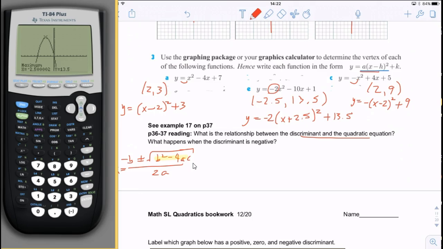When the discriminant is negative, you have a square root of a negative number, and if you remember, there are no two regular real numbers that you can multiply together and get a negative number, right? If you want to find the square root of negative 4, what number can you multiply by itself to get negative 4? There is no such number. Not a real number anyway. So that's what happens. You kind of get no solution.